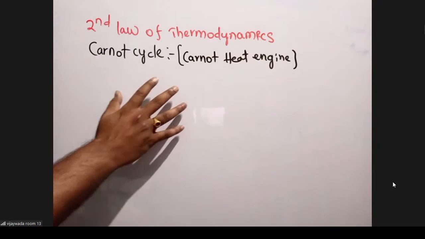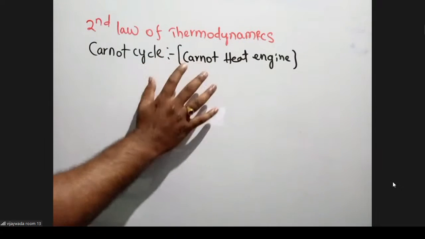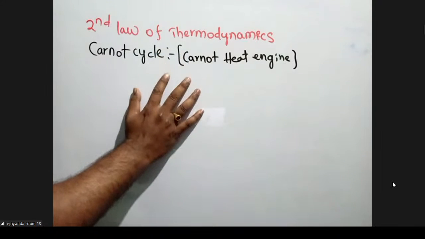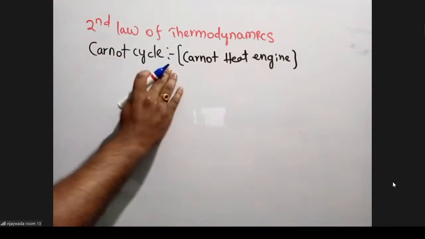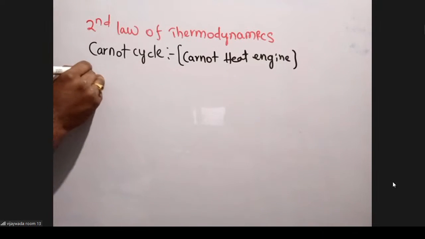So ideally, we cannot prepare this kind of heat engine, but it is a reference for us. We can use this reference for the other machines. Okay, right. So why is it called Carnot cycle? Because it's a cyclic process. I'll explain, students.